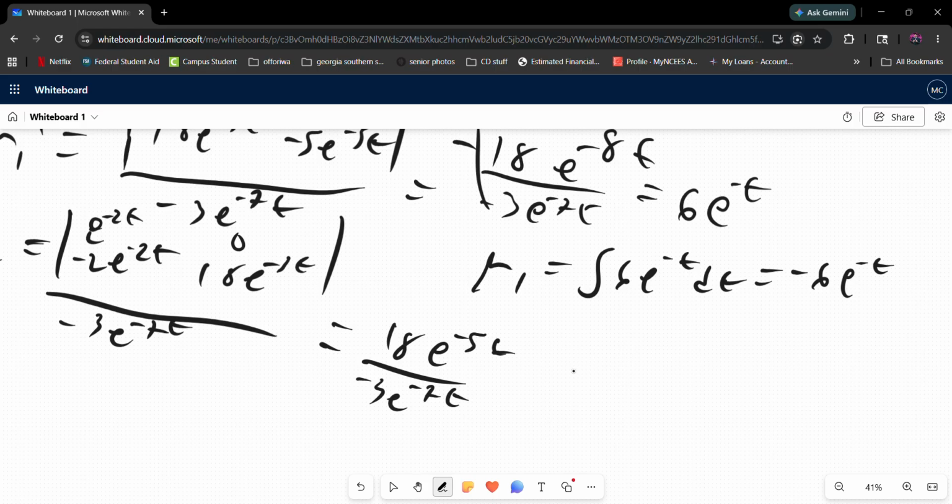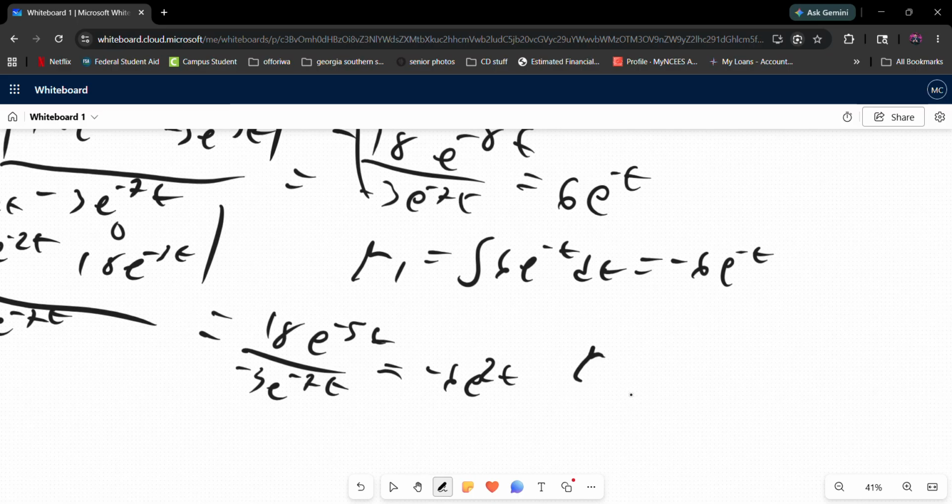Again, 18 divided by 3 is 6. This time it's going to be a negative 6, so we have negative 6 e to the positive 2t.